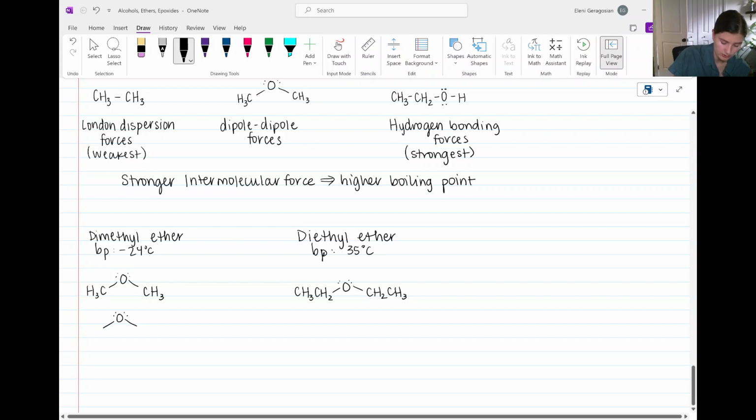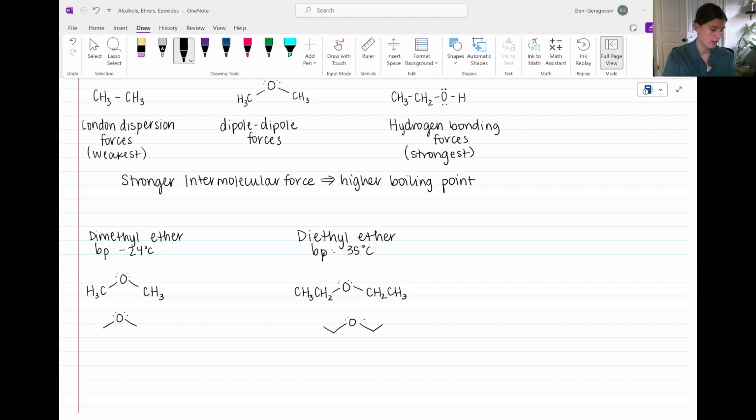Here's the skeletal structure for the same two molecules right underneath. Diethyl ether is a common lab solvent. You've probably seen this in your lab. It's also often called just ether because it's a very common ether that's used, but it is diethyl ether. This is a common lab solvent because its boiling point is above room temperature, so it's a liquid at room temperature.